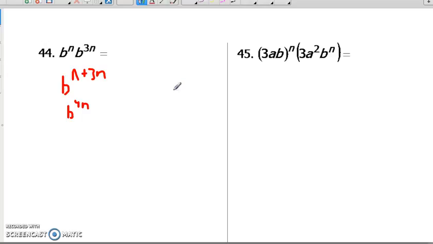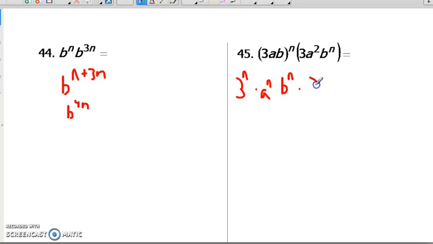All right, let's go to 45. So I have my power of a product rule with this exponent. I need to raise each one of these to the exponent. No exponent here, so I can just rewrite. So I'll have 3 to the nth power times a to the nth power times b to the nth power.